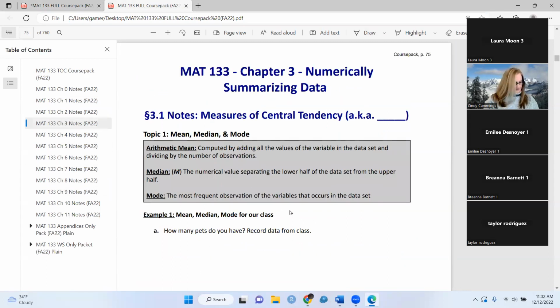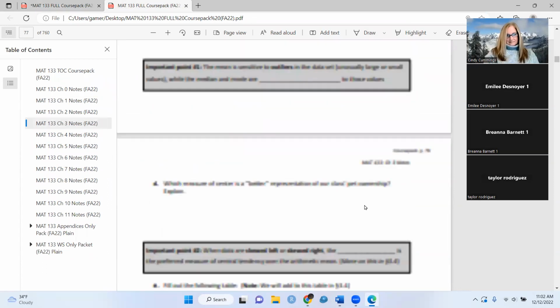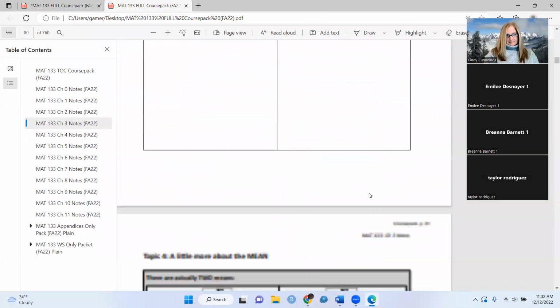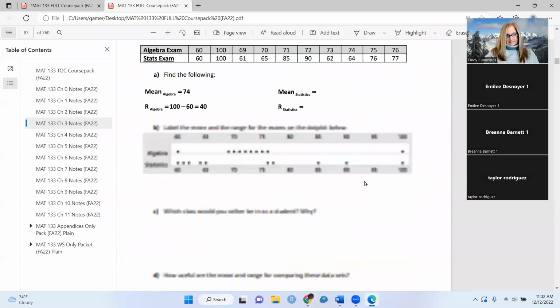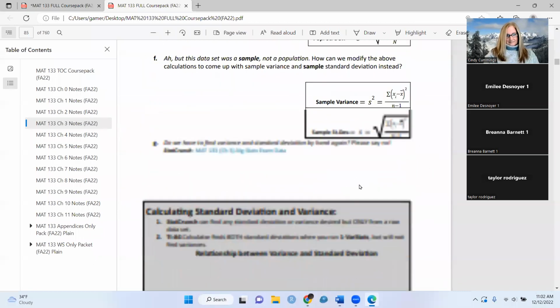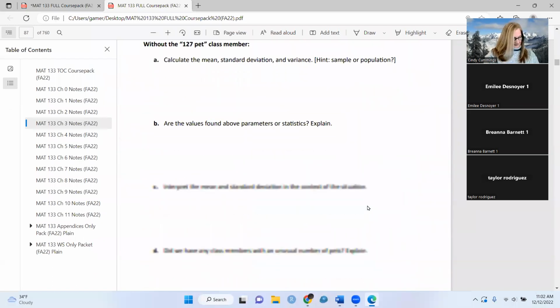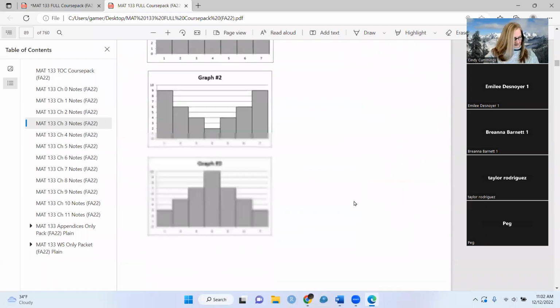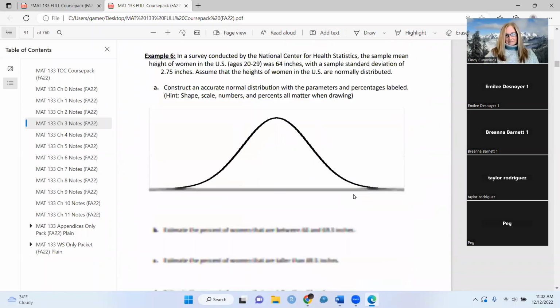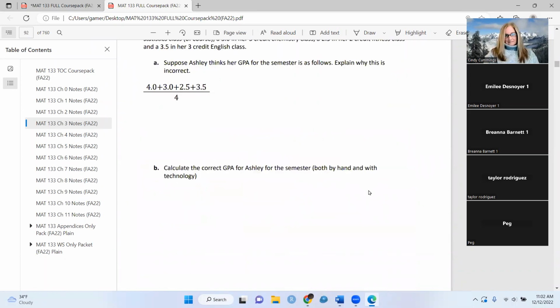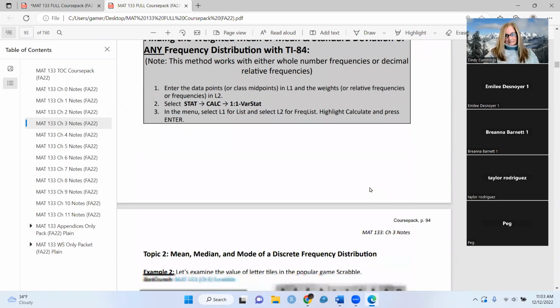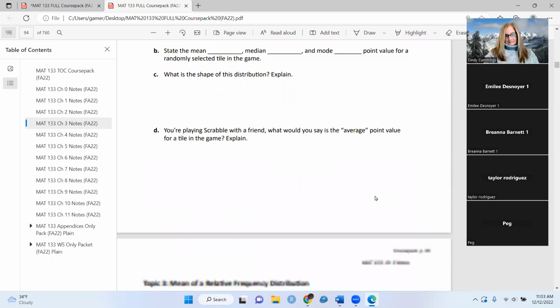Chapter 3. It's 3.5 is the section. Wait for it. Oh, I saved that. I don't know why I would have done that. Where are you guys? What are we doing? So we are currently looking up how to interpret quartiles.